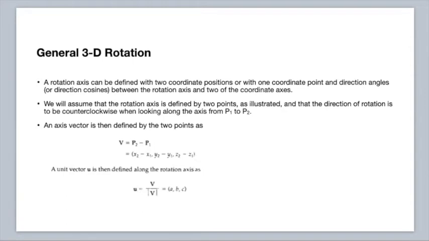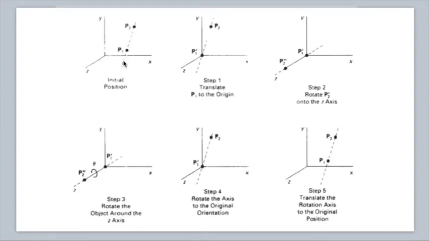Here we have assumed that it is defined by 2 points p1 p2, and the direction of rotation will be counterclockwise when looking from p1 to p2. That is an assumption. So this axis vector is defined by v is equal to p2 minus p1.